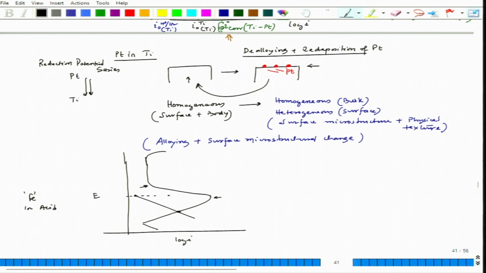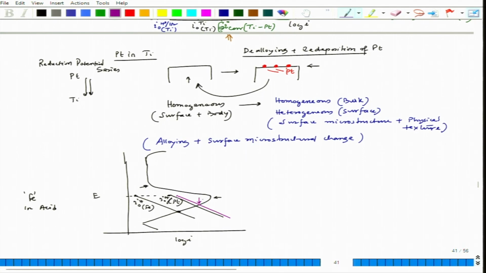On the platinum surface, as we have seen from the mixed potential theory, this is hydrogen on the iron surface, and this is I0 for hydrogen on the platinum surface. Of course, the exchange current density of hydrogen on platinum is much higher than in the case of iron. So it will have its own mixed potential.